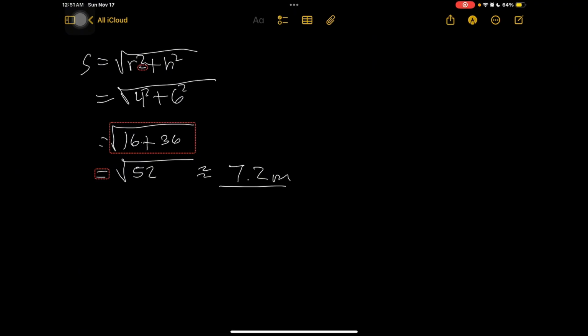So this is our slant height, and now we solve for surface area. So the formula of surface area is A equals pi r times r plus slant height.